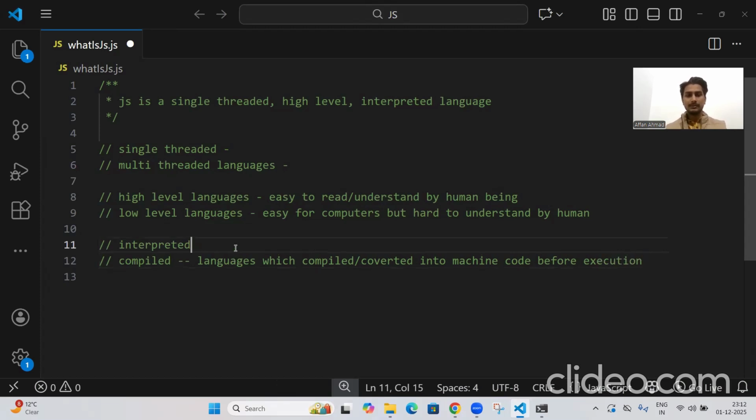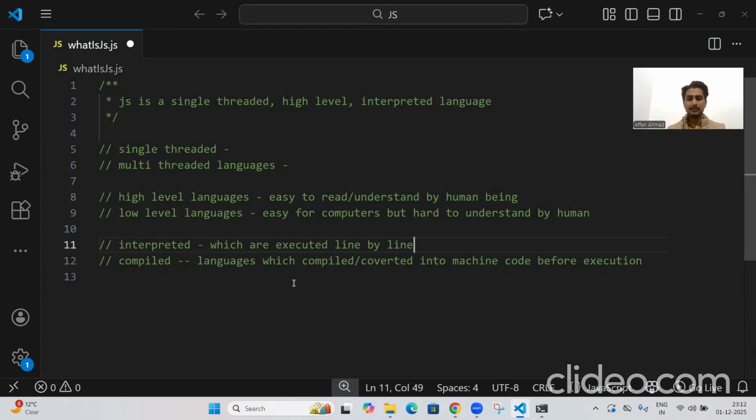However, interpreted languages are those languages which are interpreted line by line, which are executed line by line. So this is the definition of JavaScript.